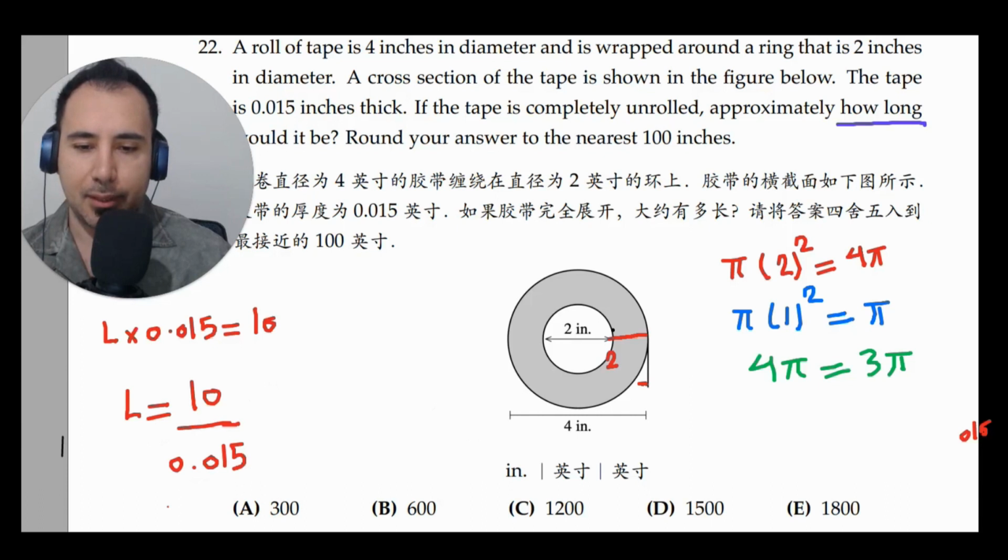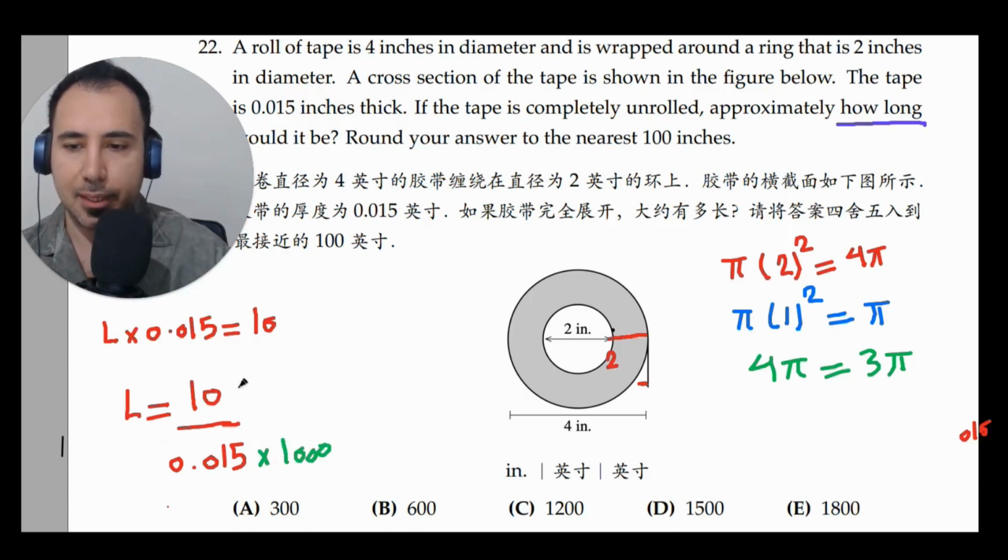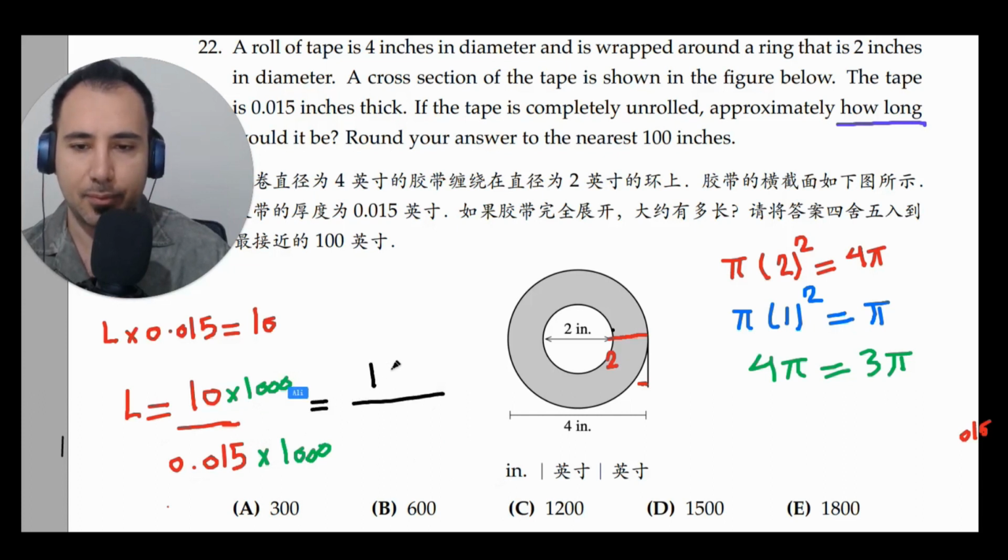If I multiply this one by 1,000 and multiply this one by 1,000, what do I get? The numerator, the top number, will become 10,000. And look, I have 3 zeros and 3 decimal places. So this number will be 15.